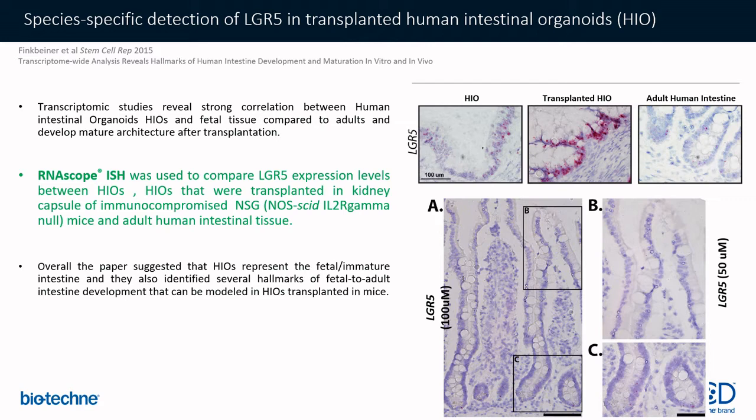They used RNAscope Red assay to compare Lgr5 expression levels between these HIOs, or human intestinal organoids, transplanted in kidney capsule of immunocompromised NSG mice, and adult human intestinal tissues. What this paper is suggesting is that these HIOs represent the fetal immature intestine, and they also identified several hallmarks of fetal to adult intestinal development that can be further modeled in HIOs that can be transplanted into mice.